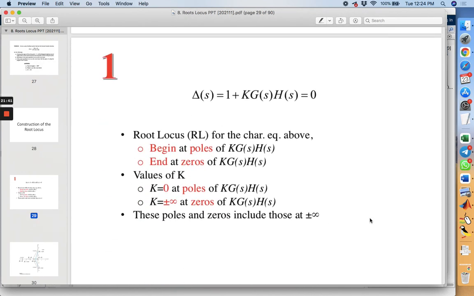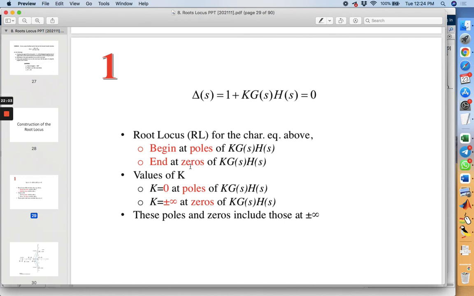So now we have the characteristic equation of the closed loop transfer function. We have delta(s) = 1 + KGH = 0. As I said before, the root locus begins at poles and ends at zeros.